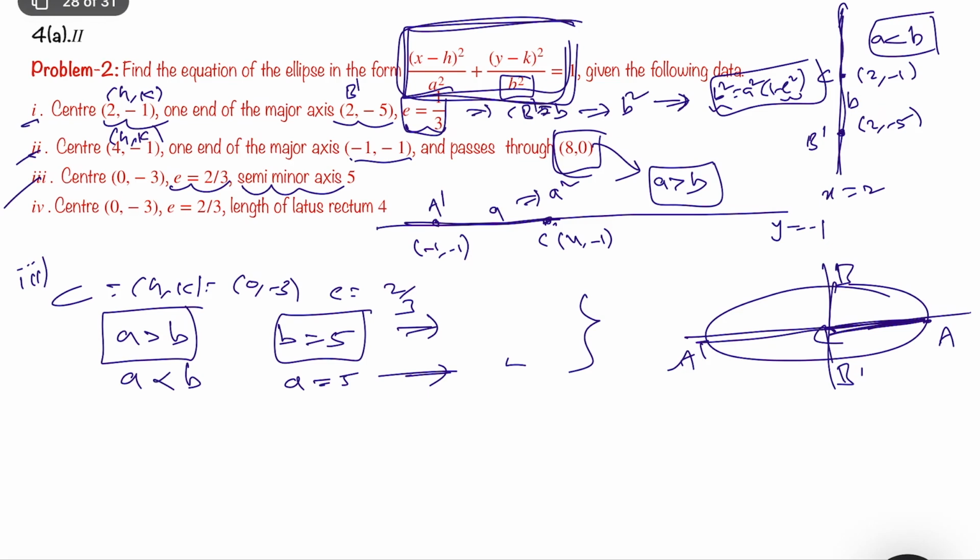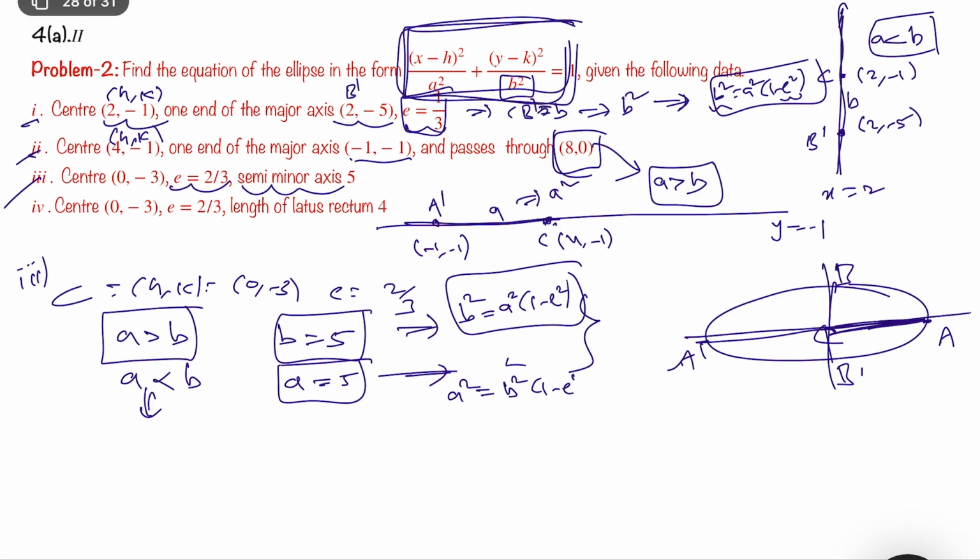When a is greater than b, we have this relation: b square equals a square times 1 minus e square. From this relation you can get the a value. In the a less than b case, a equals 5 is given. Now the relation is going to be a square equals b square times 1 minus e square. Now you know a and e, and from that you can get the b value.